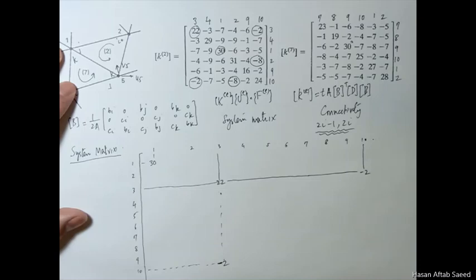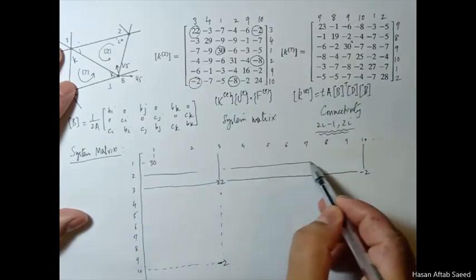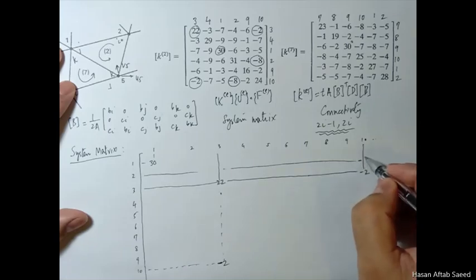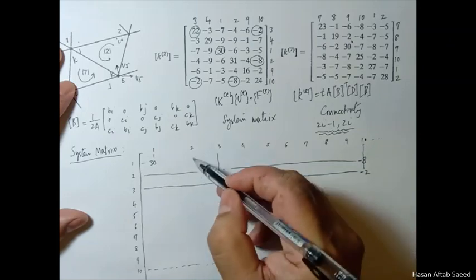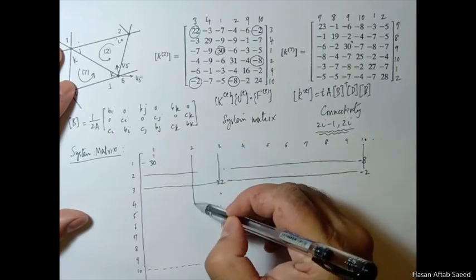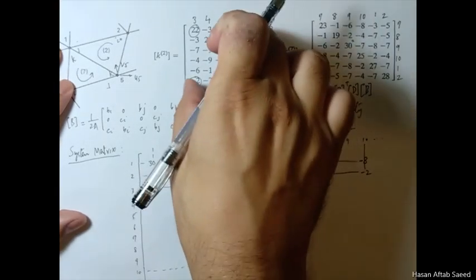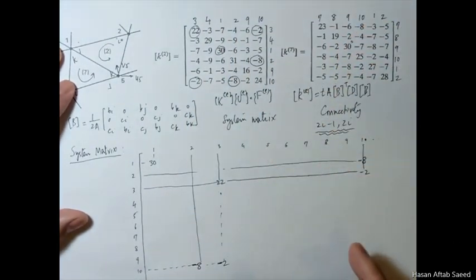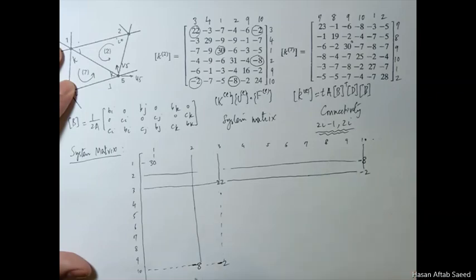But let's say first we take 2 10. This is 2, this is 10. So this is -8. This has to be here. And obviously when I talk about symmetry, then this 2 and this 10, so -8 is here as well. That goes without saying, because if these are symmetric, then the final case should also be symmetric. So whatever you add at 10 2, it has to be at 2 10 also. So that goes without saying. Now this one is -8.